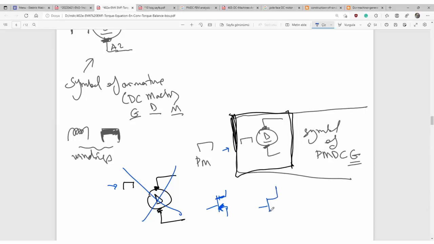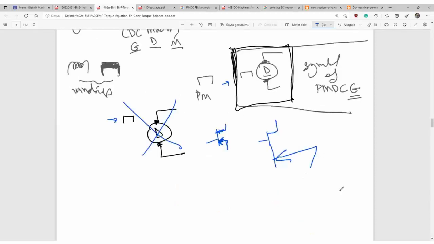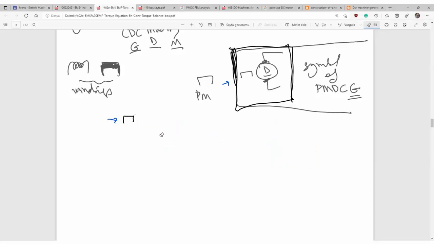Is this a MOSFET? It looks like a MOSFET, but it is not. No one can draw like this. A MOSFET is this: here's a gate, drain, source and channel. That is the N-channel MOSFET. So it is similar. The components must be together. The excitation coil, the field coil, must be next to the armature.